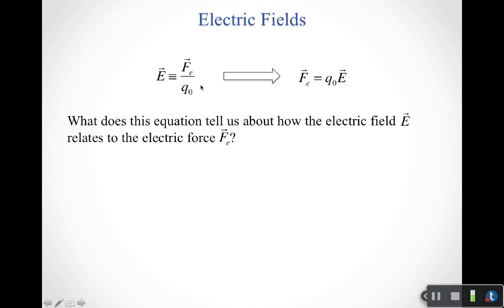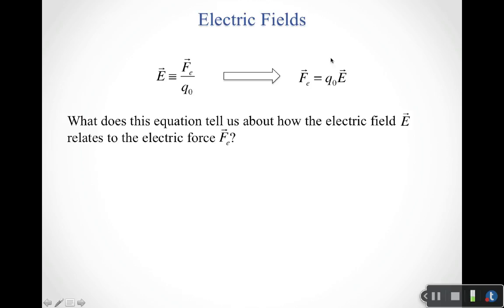So what does this mean? Well, a couple of things here. One is, notice that we can rewrite this equation and think of it two ways. This is how we define the electric field: it's the electric force per test charge. But we can also think of it this way: the electric force is just the test charge you choose to bring into the electric field times the electric field itself.